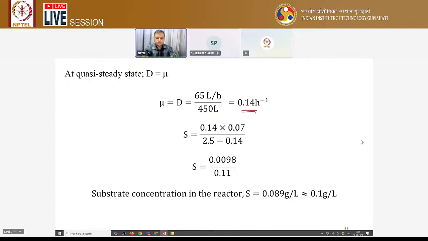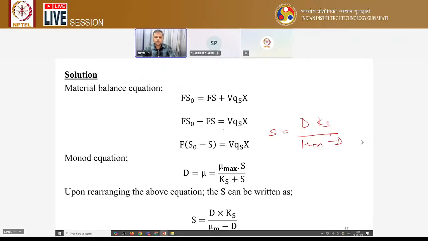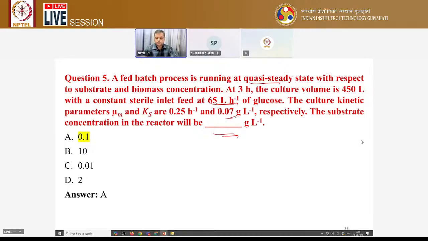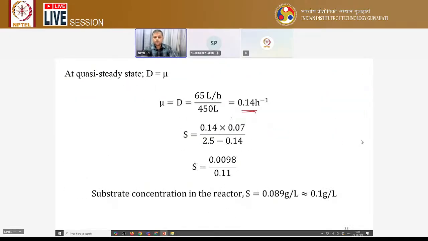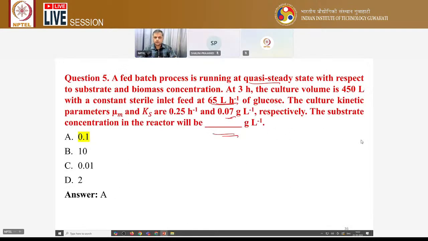Now the S will be D times Ks, 0.07, divided by mu max 0.25 minus D 0.14, and then you get the answer as 0.1.